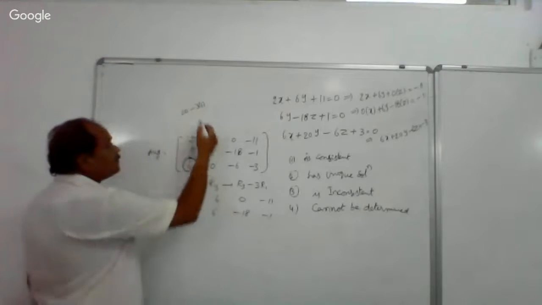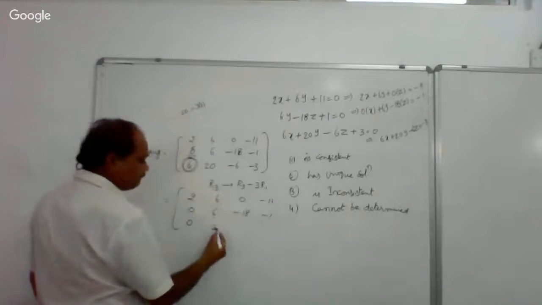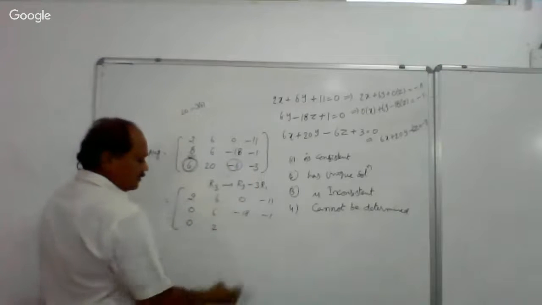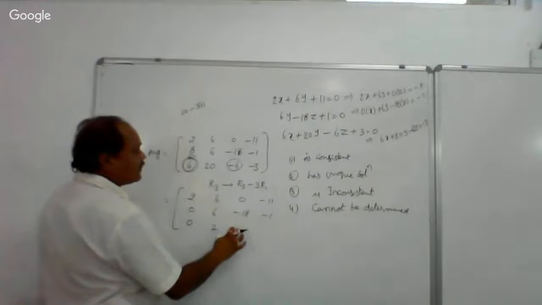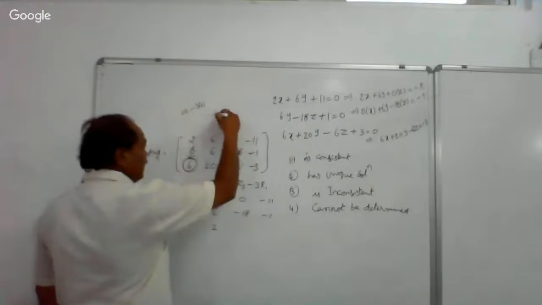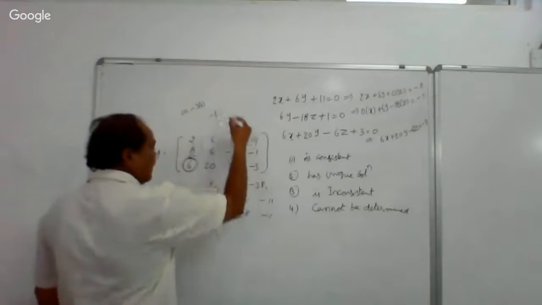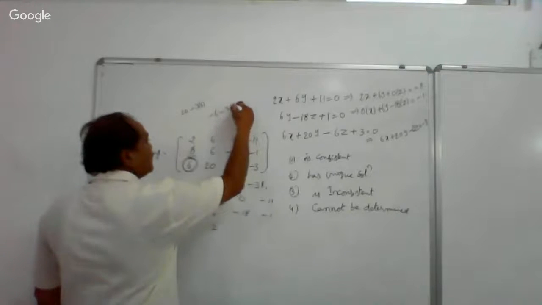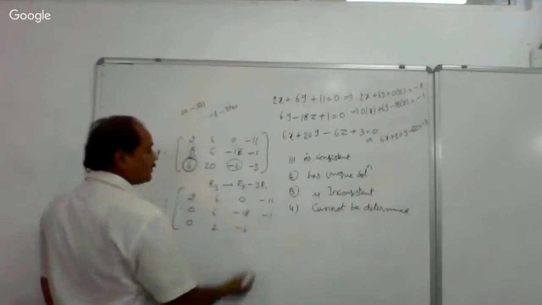Now, what is the number here? Minus 6 minus 3 into 0, that is minus 6.